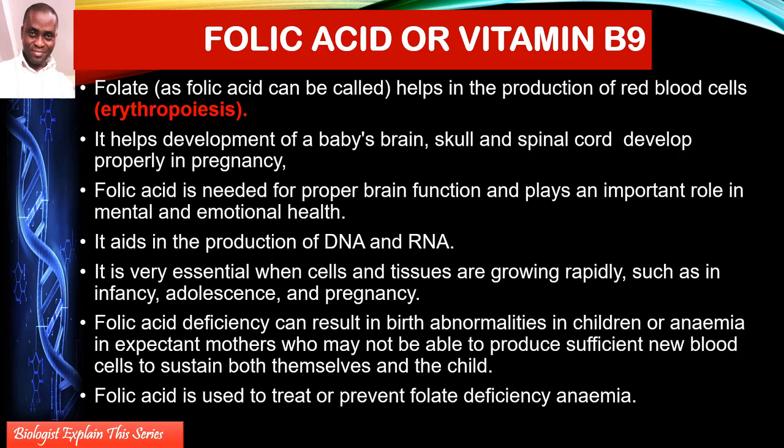And also, our genetic molecules, DNA and RNA, are produced with folic acid. Folic acid is involved. So it's very important to realize that you and I need a dosage of folic acid daily or regularly to enhance our brain development and to ensure that our red blood cells are at an optimum level for maximum oxygen transport in the body.